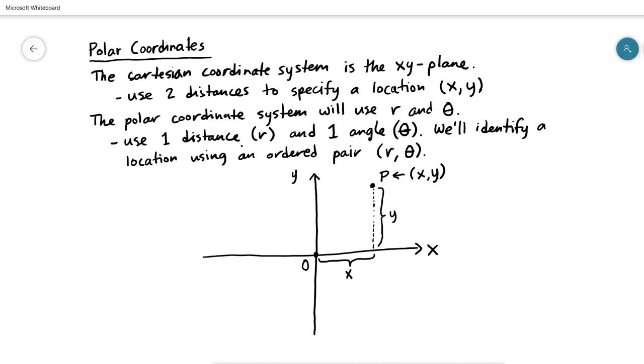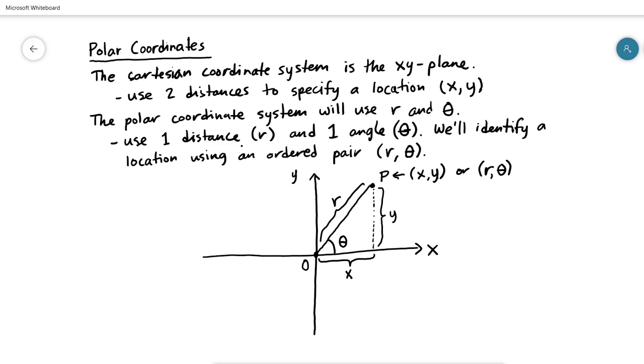In the polar coordinate system, we're going to measure our distance in a straight line to the point, and we're going to call that our distance r. And this angle is going to be the angle that we use to identify that same point. So we can identify this point as xy, or by its coordinates in polar coordinates r comma theta.